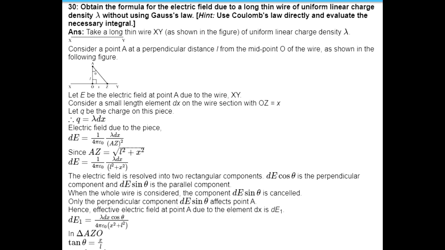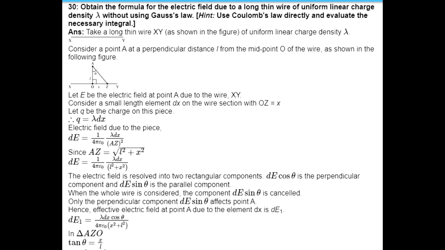Consider a small length element dx on the wire at a distance OZ equal to x. Let dq be the charge on this element, then dq is equal to lambda dx. Electric field due to the element dE is equal to K dq by AZ square.